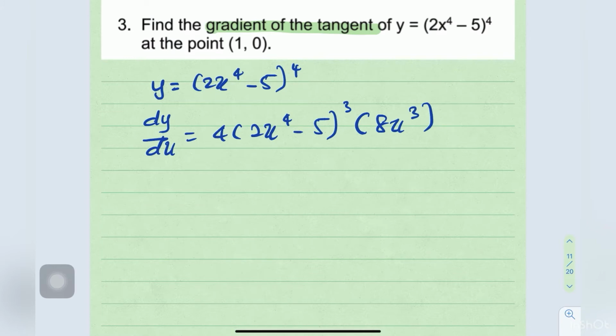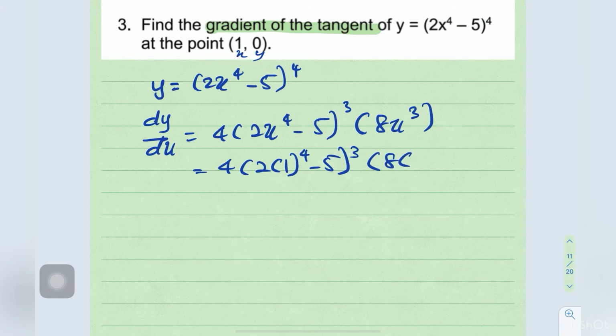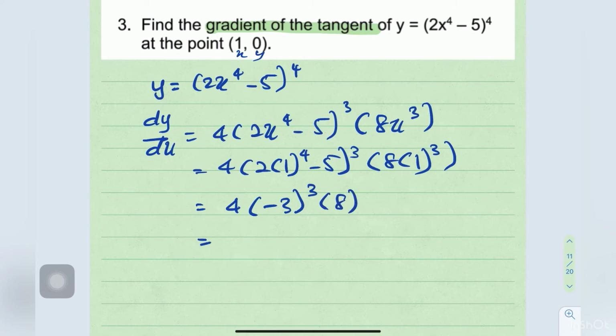Here the x coordinate is 1. So 4 times (2 times 1 to the power of 4 minus 5) cubed, times 8 times 1 cubed. This gives negative 3 cubed times 4 times 8, so the answer is negative 864.